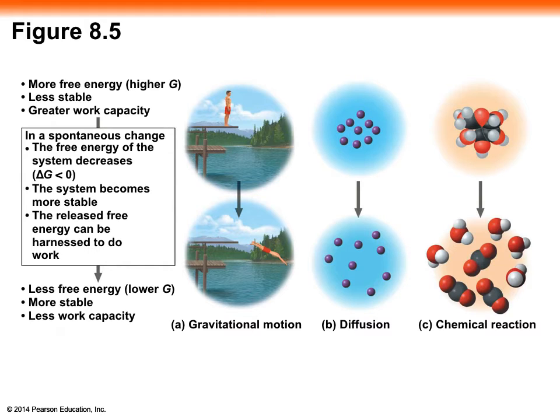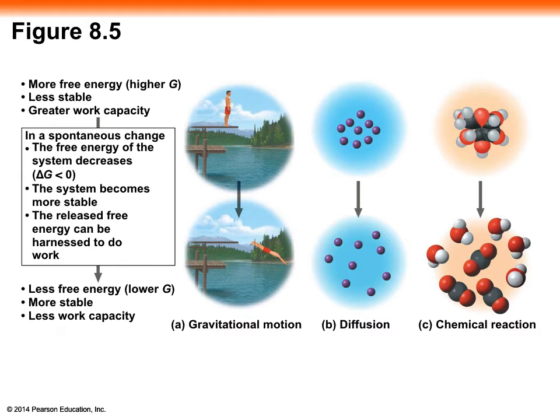Less so moving from top to bottom would be negative delta G, because they are losing that free energy. Another question you should ask yourself is, moving from the top of the diving board to the bottom of the lake, which of those two scenarios is more stable?